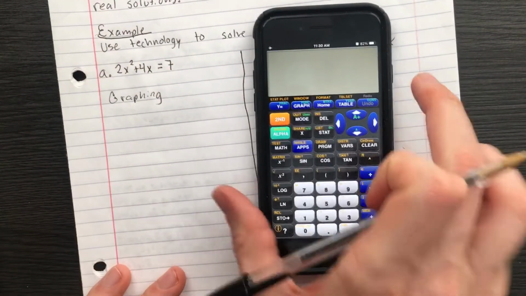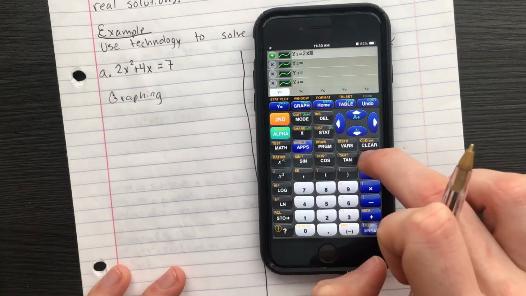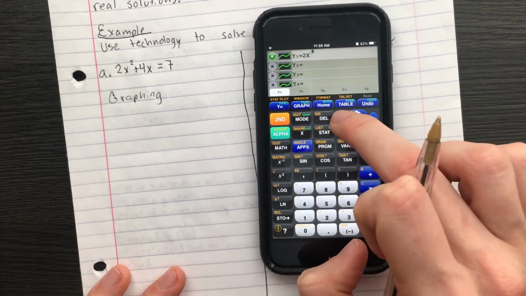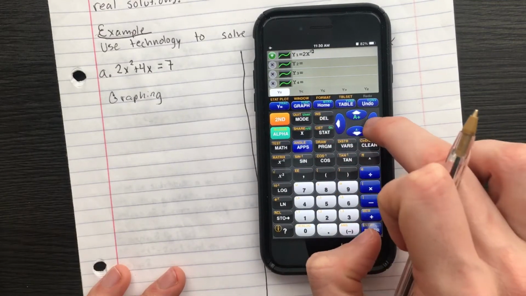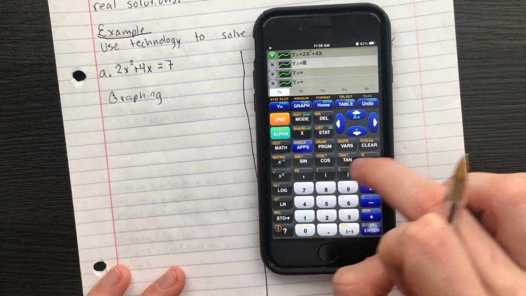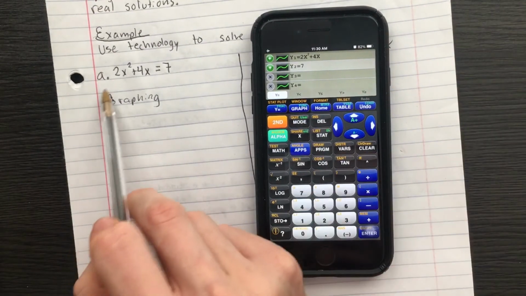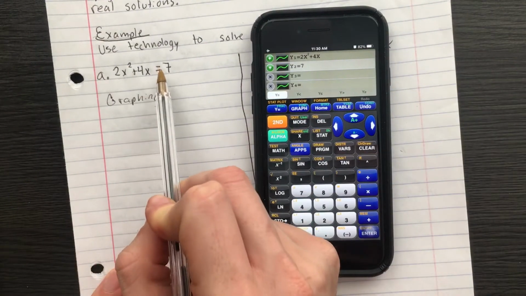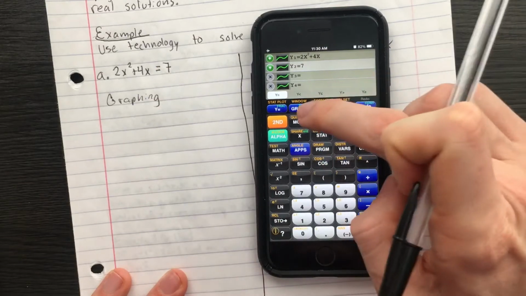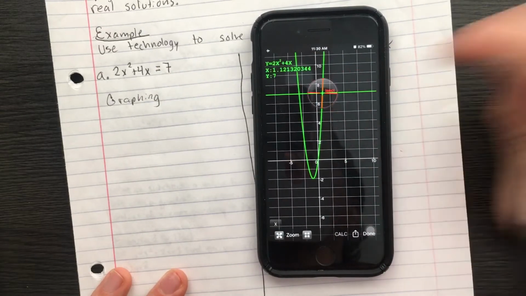So if we go in here and we graph the left-hand side of this, 2x squared plus 4x, and we want to know where is this thing going to cross 7? When is 2x squared plus 4x going to equal 7? What we can do is if we graph that, we can get those coordinates there.